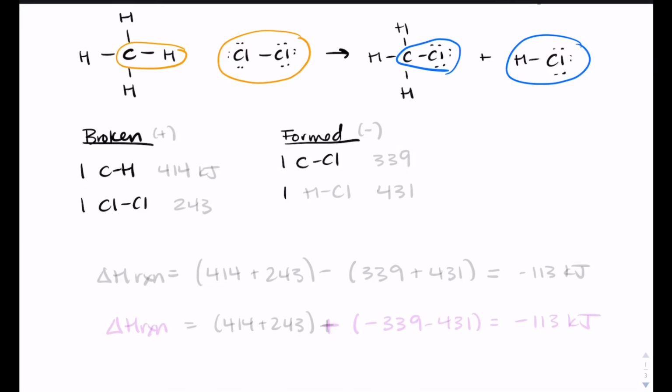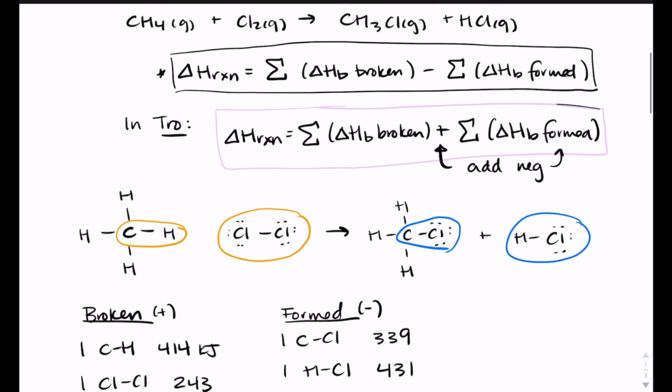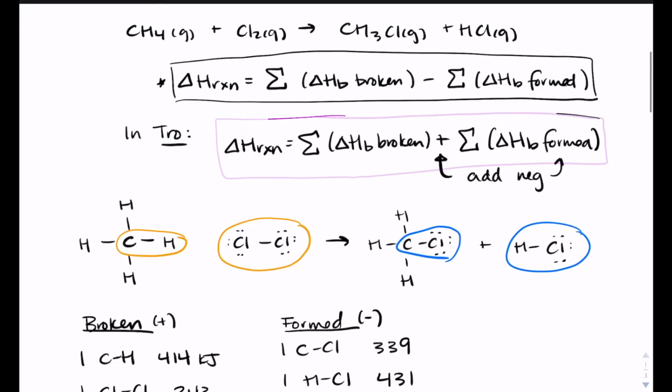The things that changed: it looks like I broke the carbon hydrogen bond in CH4 and I broke up my chlorines. And then I took one of the chlorines and connected it to the carbon and the other chlorine and connected it to the hydrogen. So the bonds that were broken, I broke one carbon hydrogen bond and one chlorine chlorine bond. And these values, that 414 kilojoules, 243 kilojoules, those are in the table. That's where those numbers came from.